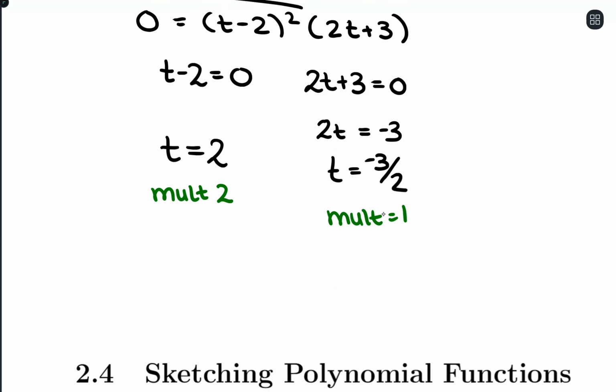And what that tells me is that when I start plotting these points, if I was graphing this coordinate (2, 0), there would be a bounce there. It would kind of look like a parabola just at that point. And then that t equals -3 halves, with that multiplicity of 1, it would just pass straight through, almost like a linear function. So we get an idea of the behavior at those coordinates as well, based on that multiplicity.